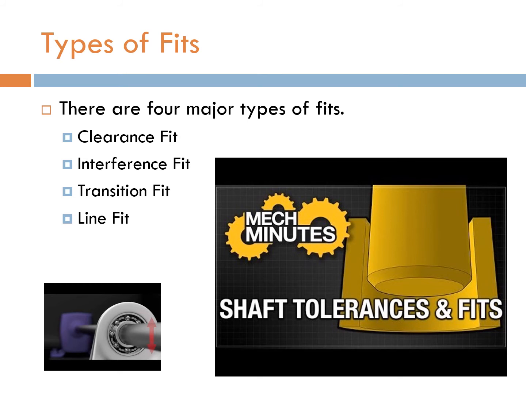So we have several different kinds of fit, and the type of fit can be categorized into a clearance fit, interference fit, transition fit, and line fit. There is a video that you can watch after this video. I encourage you to watch that video to understand the difference between the fits.